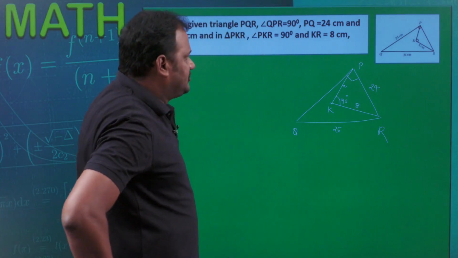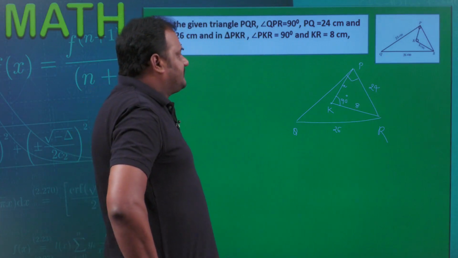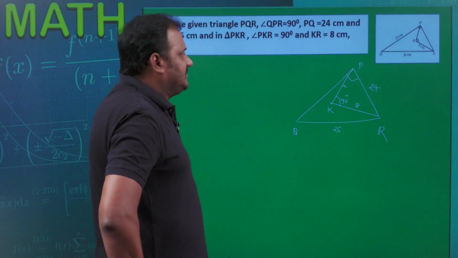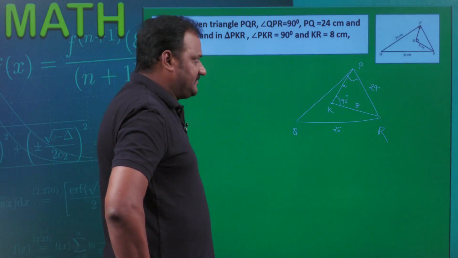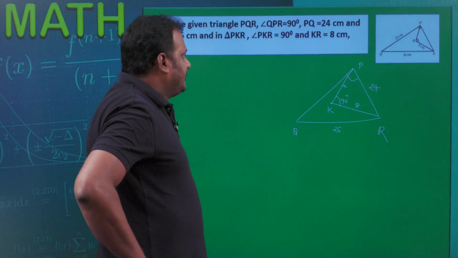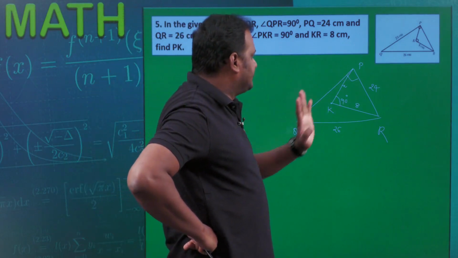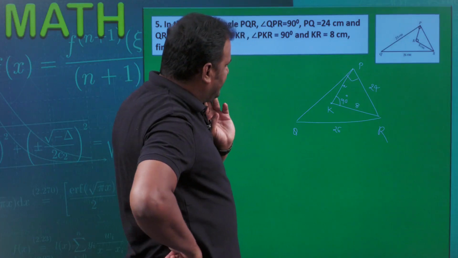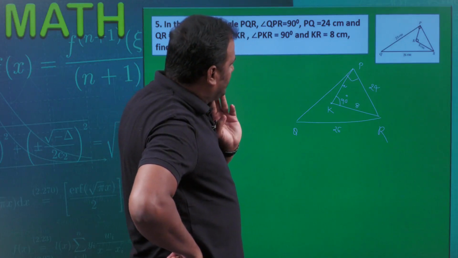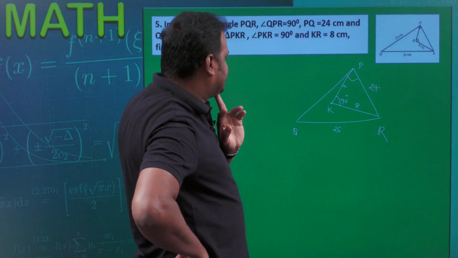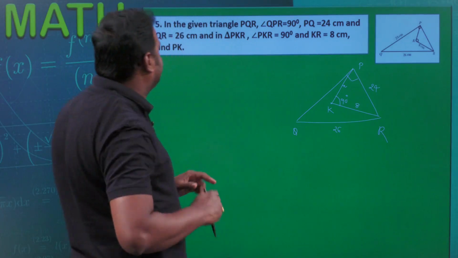Now, if you observe these two triangles, what kind of triangles are both? Are these two triangles similar triangles? Let us check. In these two triangles, this angle is equal to 90, this angle is equal to 90, fine. And what about the corresponding sides? We do not know about the corresponding sides.